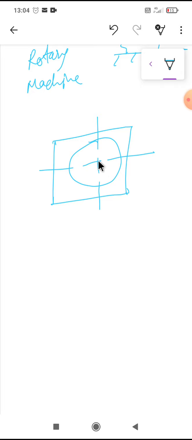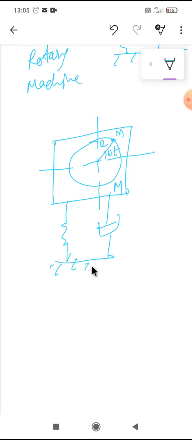Let's consider a rotating mass of small m, the system mass is capital M, and eccentricity e moving with speed omega and angle omega t, and it is isolated with the help of spring and damper. So this is a combined system which is rotating as well as reciprocating. Both the cases are here, rotation and reciprocating.